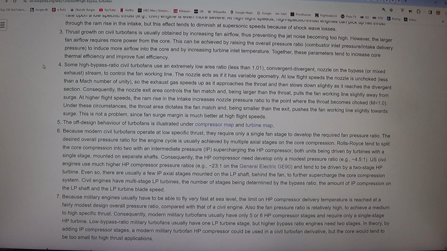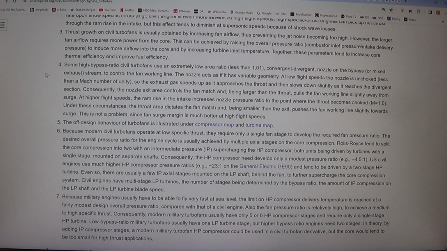For some high bypass ratio civil turbofans use an extremely low area ratio, less than 1.01, convergent-divergent, nozzle on the bypass, or mixed exhaust stream, to control the fan working line. The nozzle acts as if it has variable geometry.